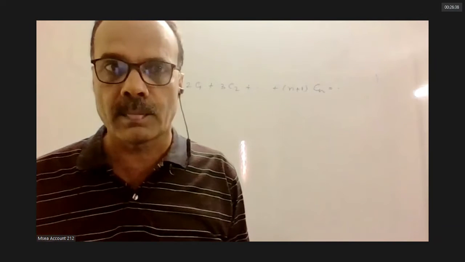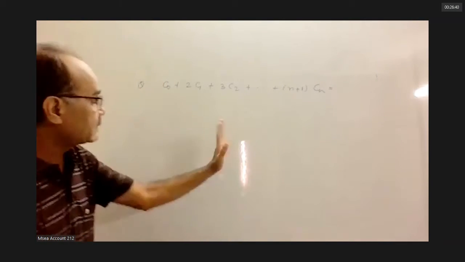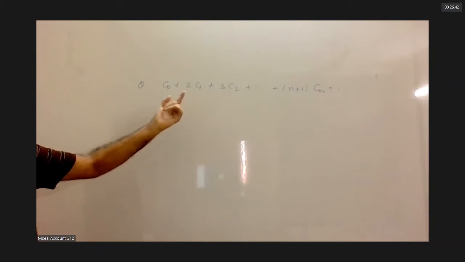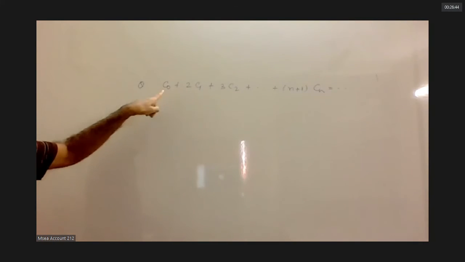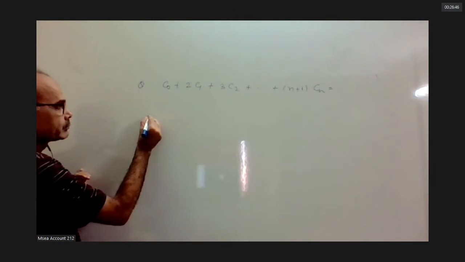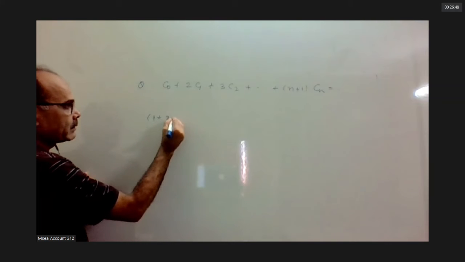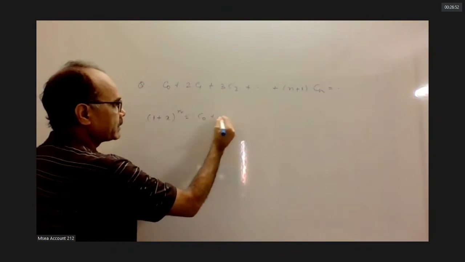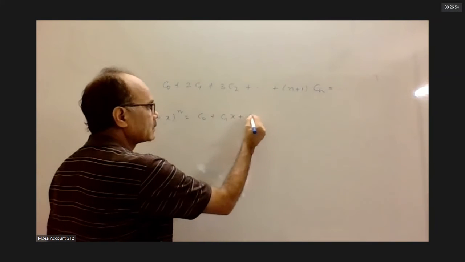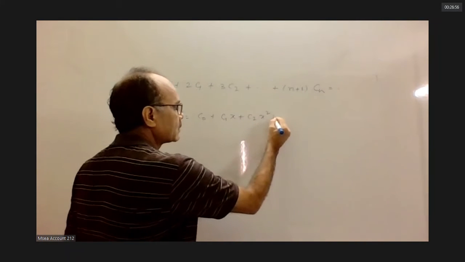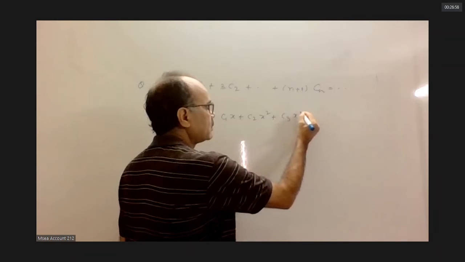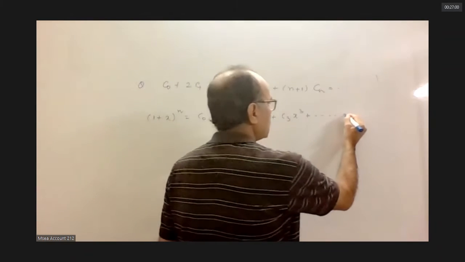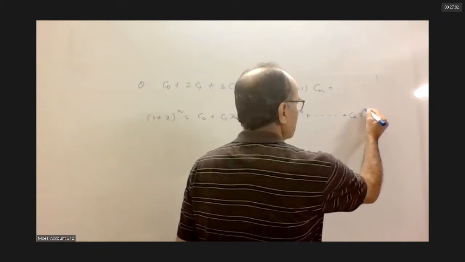But if you differentiate directly, we'll get here only C1. We won't get C0. 1 plus x to the power n equals C0 plus C1x plus C2x square up to Cn x to the power n.